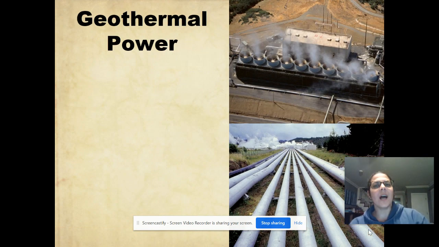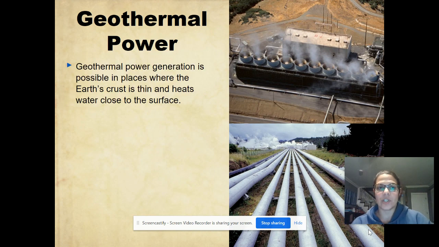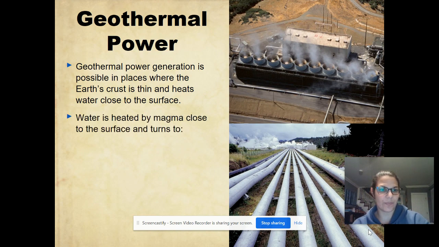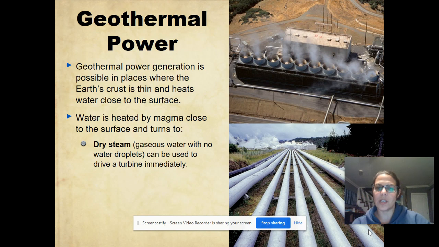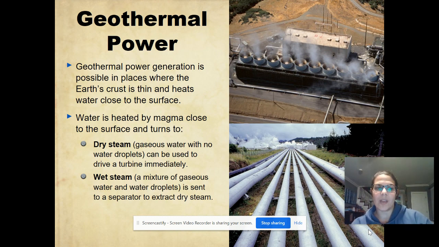Continuing with our renewable energy, we have geothermal power, which is basically taking heat from the earth and using that to generate electricity, or you can just use it for heating stuff up. Water is heated by magma close to the surface, and you can either have it as dry steam that can be used to drive a turbine, or wet steam that's sent to an extractor.